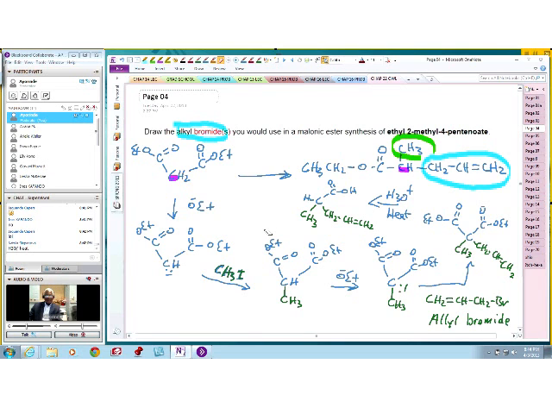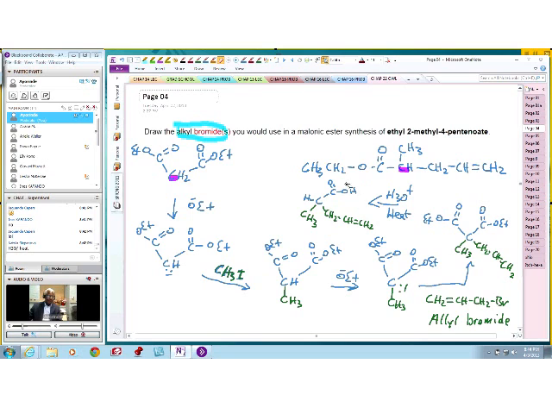Now, once we get that, what is the last step? Anybody know what the last step is? Because at this point we have a carboxylic acid. Keep in mind we need an ester, the product required for us to make an ester.